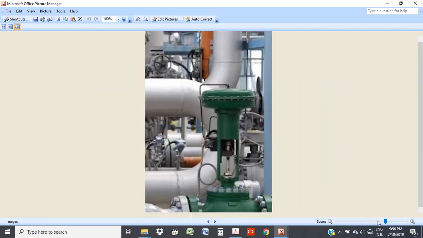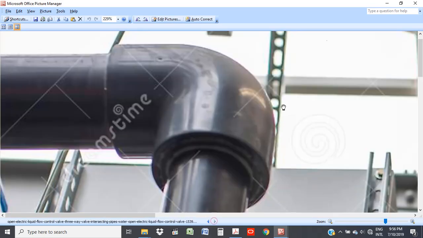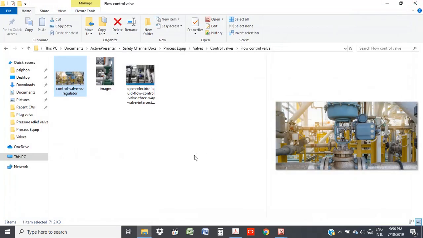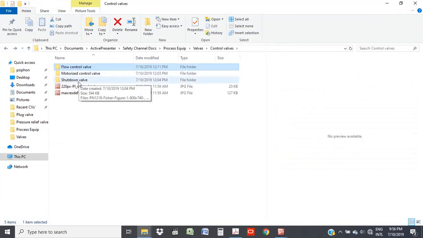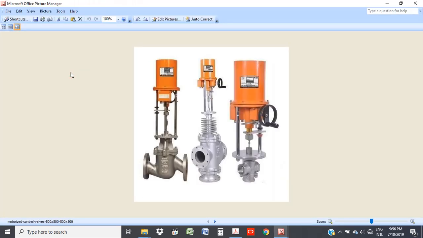So these are control valves, and they're very, very necessary in the oil and gas industry. They could be used for flow, for pressure, or for level.